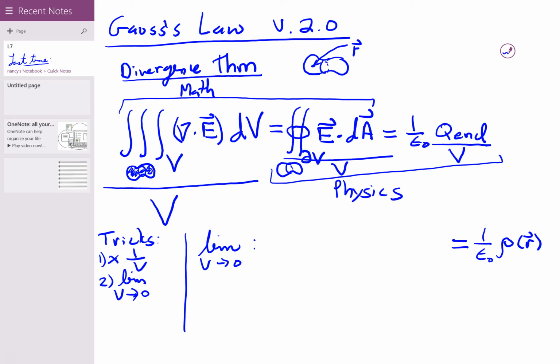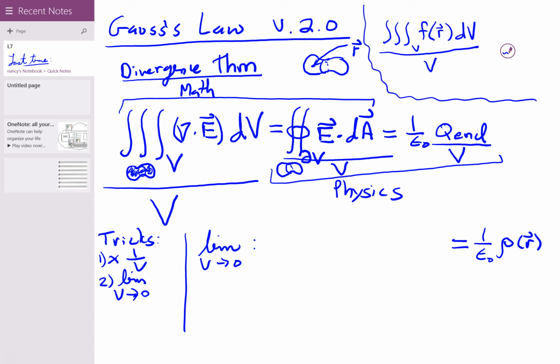What is that the formula for? Just mathematically, if I do it for any function, if I take a volume integral over some volume V of some function f at some location, over all the points inside my volume, dV, and I divide by volume, what is that the definition of?